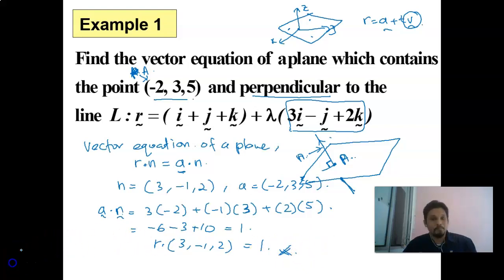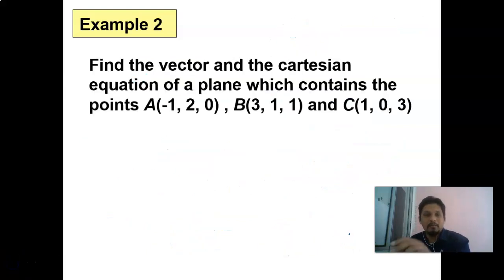Okay, next example. Find the vector and the Cartesian equation of the plane which contains the points A, B, and C. Again, just imagine that this is the position of the plane, with the z-axis, y-axis, and x-axis. It can be in any position here.